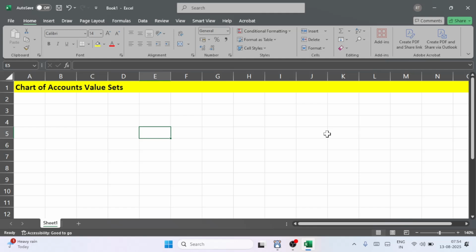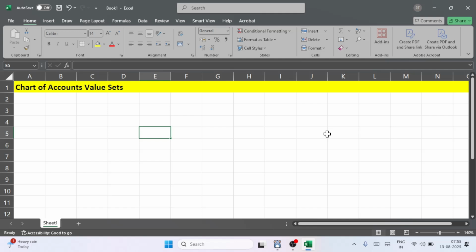So chart of accounts is not something very new in any accounting system. In all the systems, chart of accounts will be present with a different naming convention. So let us understand what chart of accounts is.